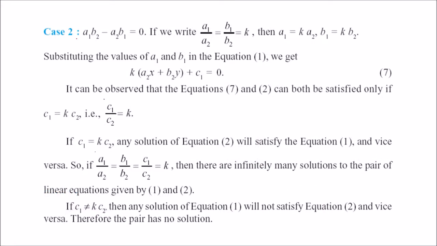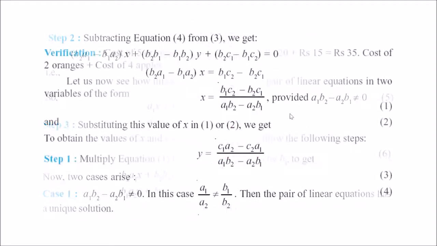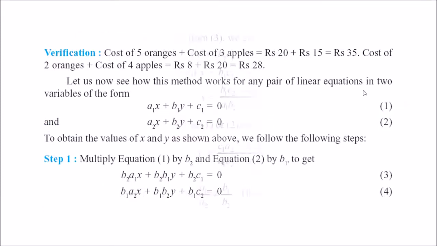And then second case, if this is 0, then what can you do? a1 by a2 and b1 by b2 are actually equal. If they are equal, let us make it k. So a1 will be k a2, b1 will be equal to k b2. Let us substitute in our equation 1. This is our equation 1, we are placing it here.